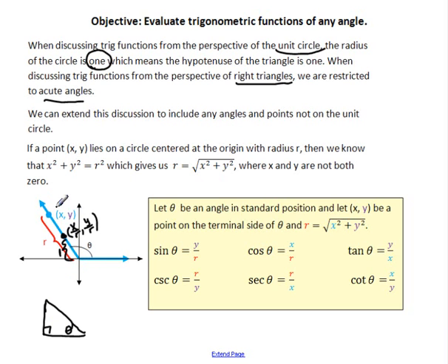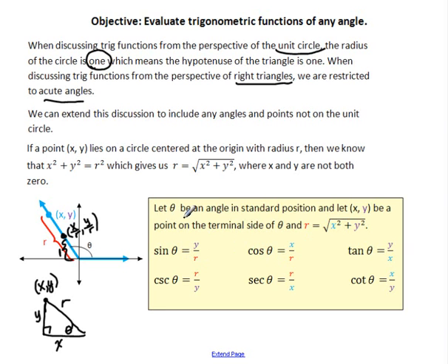Well, if this is a point (x, y) up here, so think about me just bringing this down, then we know our radius is the hypotenuse. Well, this would have to be x and y. So sine theta would be opposite over hypotenuse, which would be y over r. Cosine would be x over r, and everything else is the same. So it's kind of another perspective of seeing how we can get this y over r and x over r.